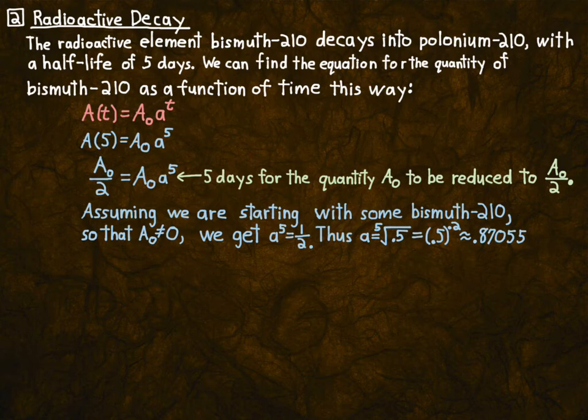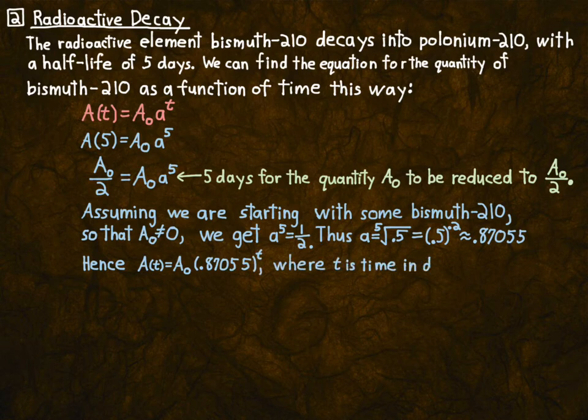Because if they don't tell you, that's usually a good number of digits for most of the stuff we do, to estimate it to, if you're going to use it in another computation. So putting that into the original equation here, we get A sub t equals A naught times, our little a is 0.87055 raised to the t power.